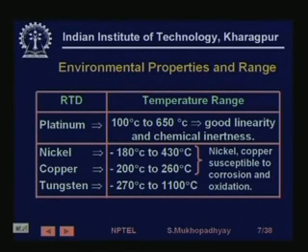Typical metals used are platinum, nickel, copper and tungsten, and they can be used in various ranges depending on environmental conditions, melting points of the metal, etc. You get quite good linearity.